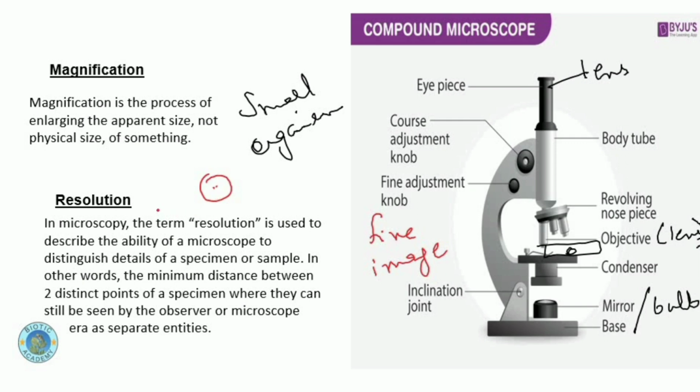So by having a proper resolution, we will be able to understand whatever organelles or molecules are present within the cells, how they are working, how they are moving from one place to another within the cell. These are all things which are cleared with the help of the proper resolution of the microscope. So it is basically the resolution which helps to give us a clear picture. Magnification and resolution are two different things.